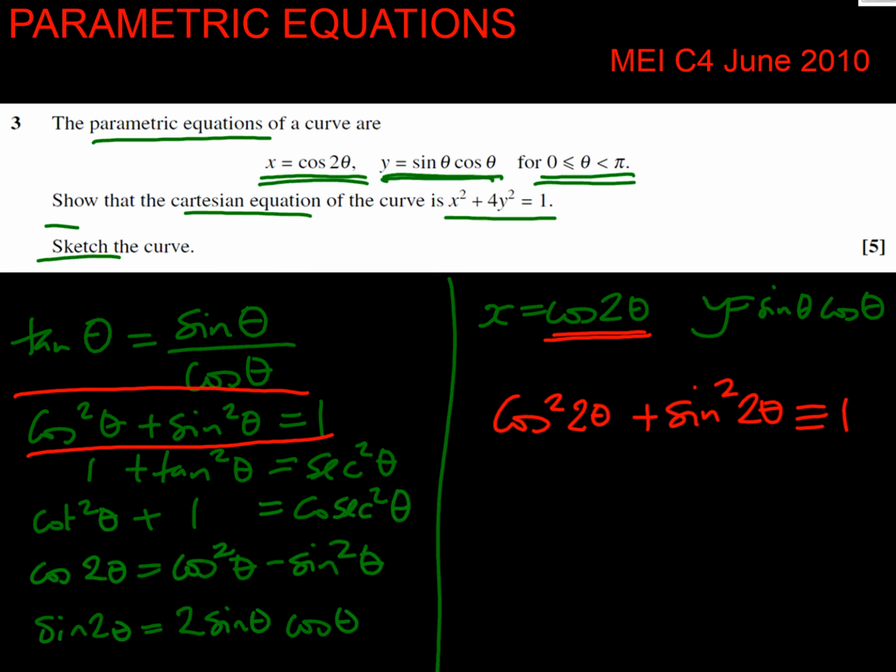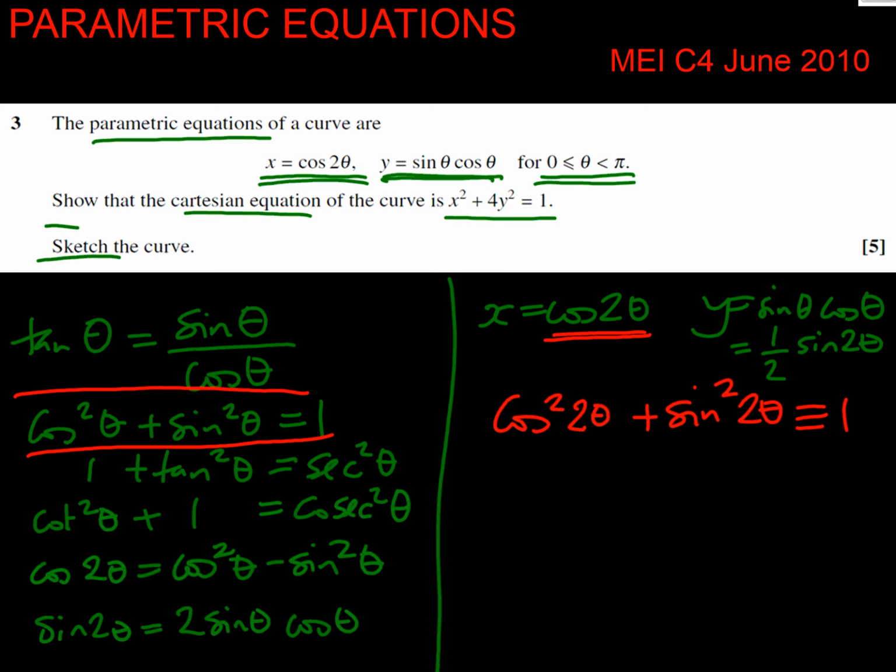So we can see here that we've got cos 2 theta, and therefore we need to try and rewrite the y expression in terms of a double angle and see if that helps us. And it does, because we can see sine theta cos theta we know will take us towards sine 2 theta, but we know that identity is 2 lots of that, so it's basically going to be a half. There we go. And that's helped us, hasn't it?